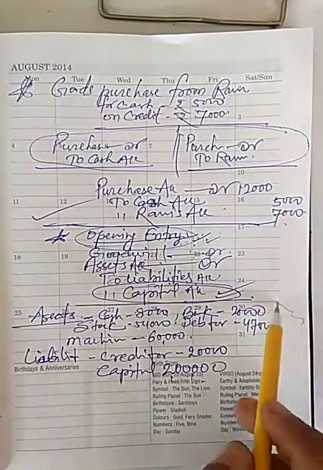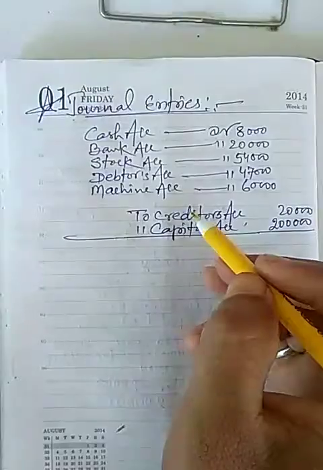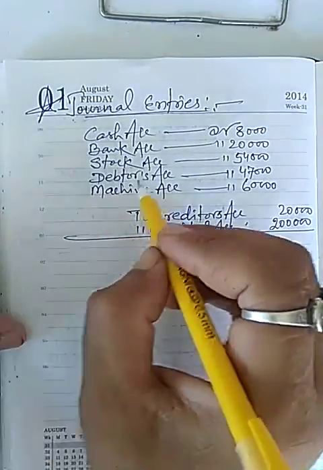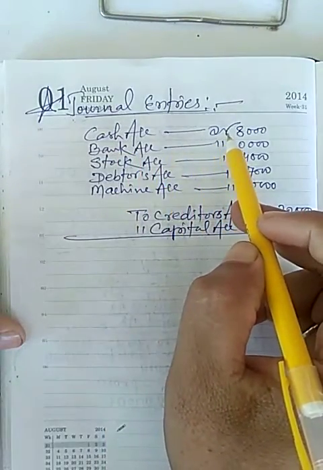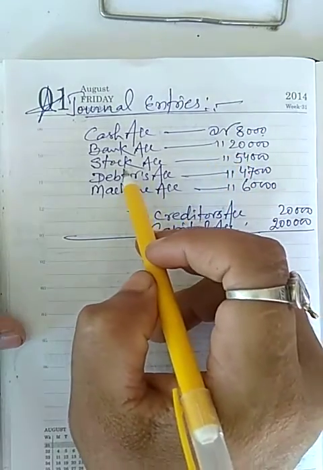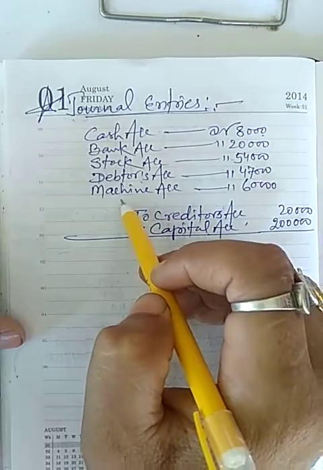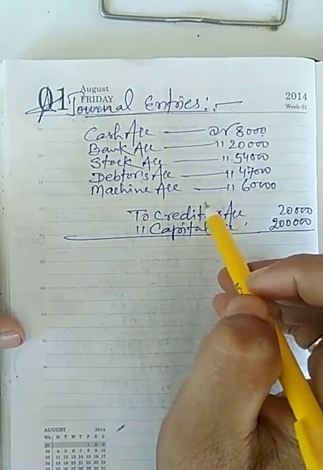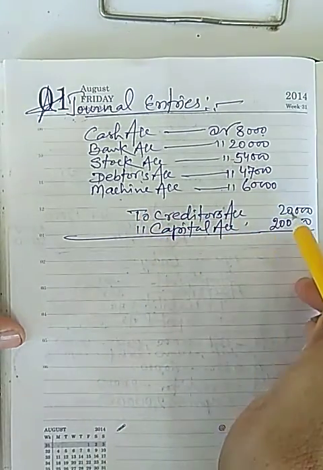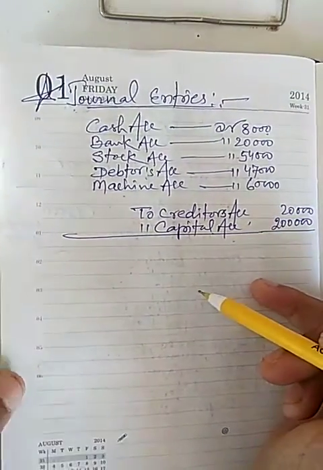Then the journal entry will be cash account DR 8,000, bank account DR, stock account DR, debtors account DR, machinery account DR, to creditors account, to capital account.